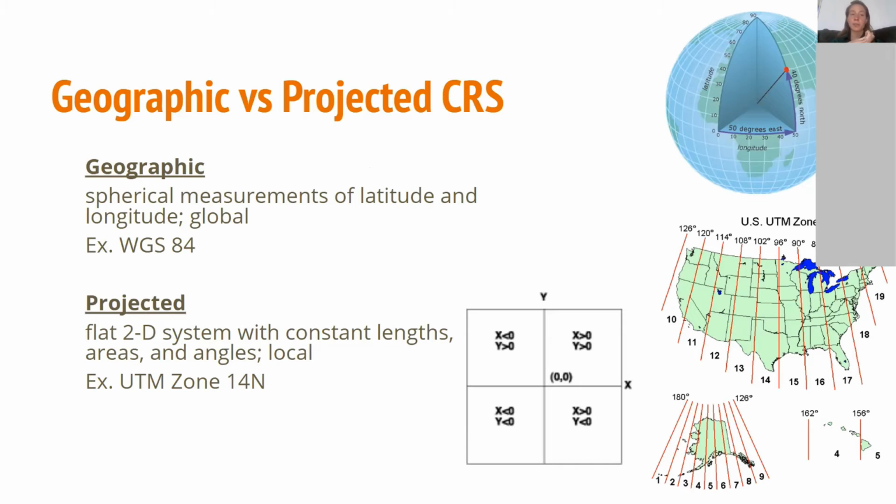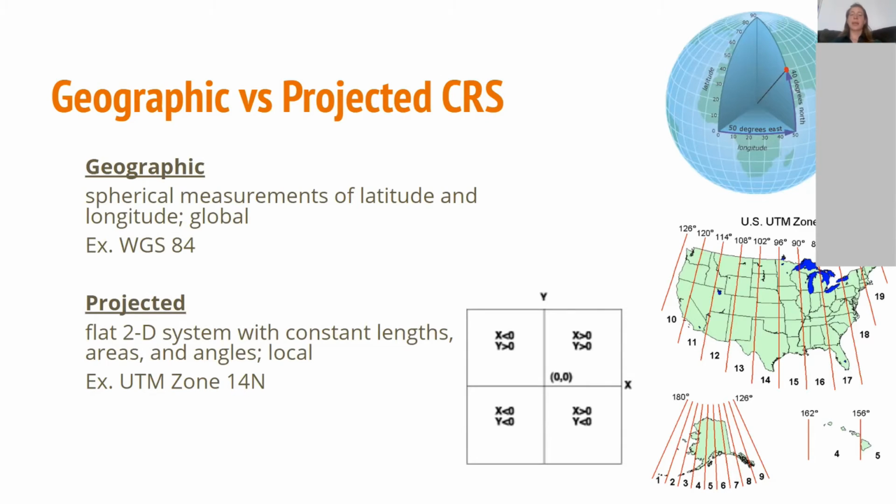A really common geographic coordinate reference system is WGS 84. That's the one I operate in most often. And I'd say that for most applications, that reference system will be just fine for the majority of processing that you could want. But again, it keeps the Earth as a three-dimensional sphere.